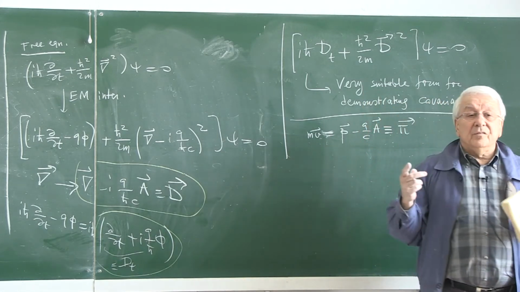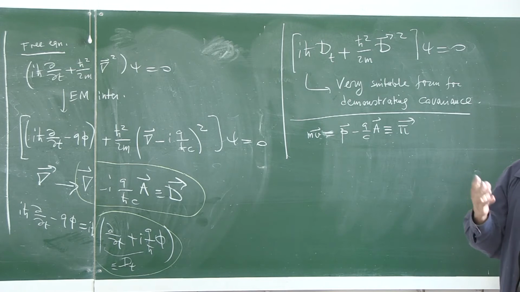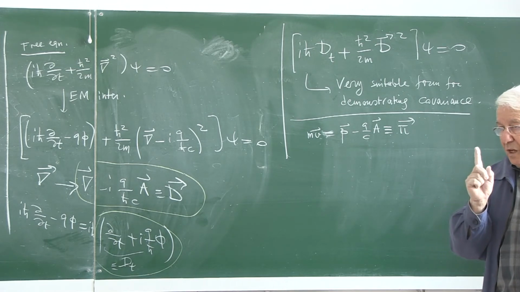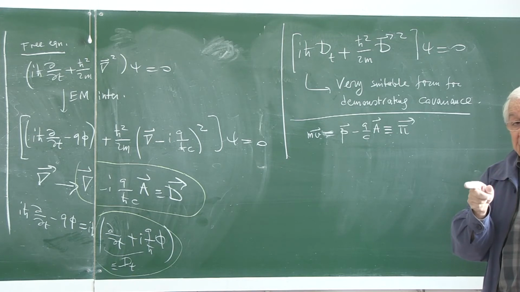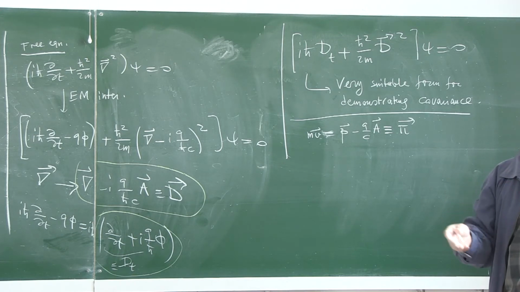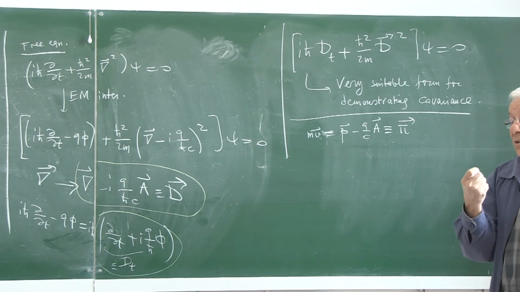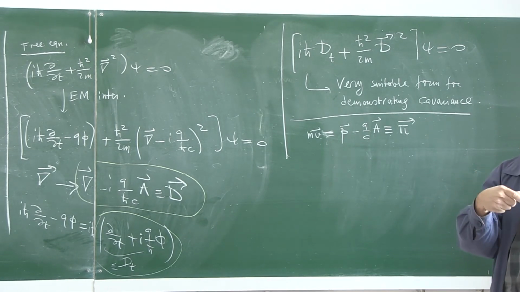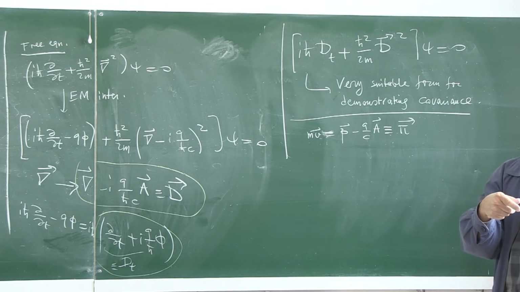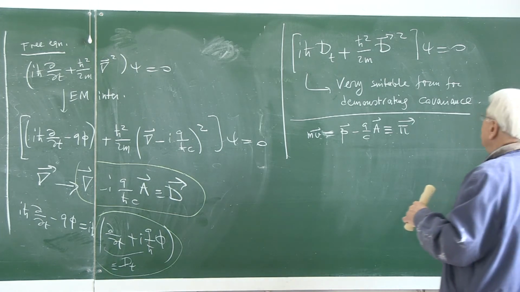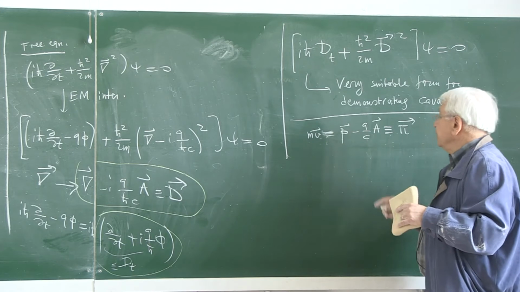Obviously, p is not. The numerical values of p depend, I'm using careful language. I cannot say p is gauge invariant or not. It's something which is not really directly related to the gauge as an operator or as a dynamical variable. Its numerical values may differ from one gauge to the other on a trajectory. So that's the careful language you have to use when you are talking about it.